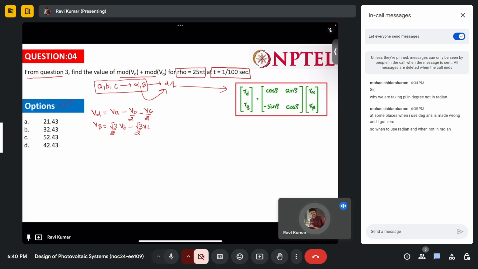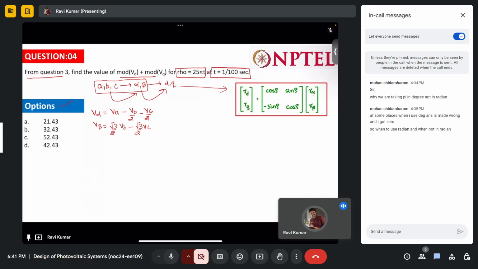So this is the conversion already done from ABC to alpha beta. Now for V alpha, first of all we will get this V alpha and V beta only, and then we put this V alpha V beta here, then we can get the answer directly.